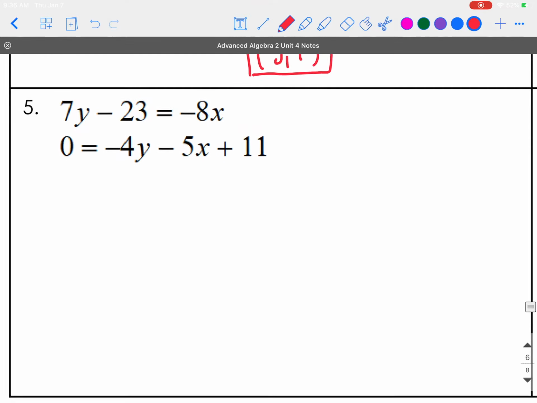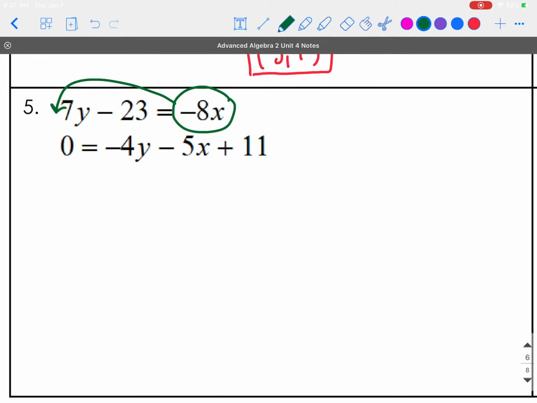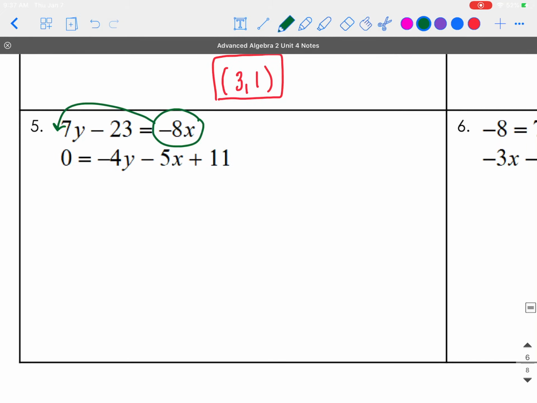Now, if we look at number 5, it's not lined up correctly. So we have to move the terms around to get it lined up. So, for example, this -8x has to come to the other side. And if I bring it all the way to the other side, it becomes a positive 8x.